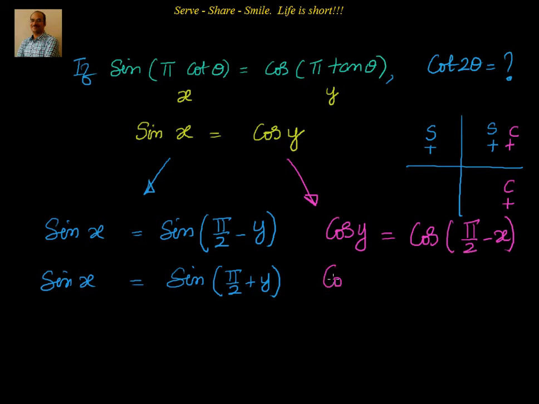The other way is cos y equals cos(3π/2 + x), because 3π/2 + x means you are in the fourth quadrant, and in the fourth quadrant cos is positive. And we have a formula, if you remember, for nπ/2 plus or minus θ.